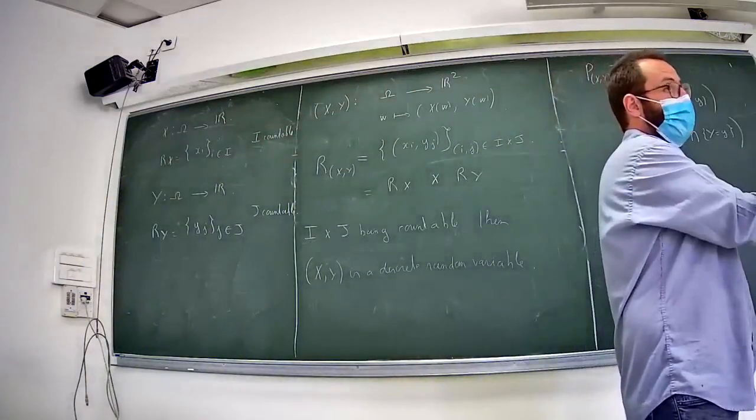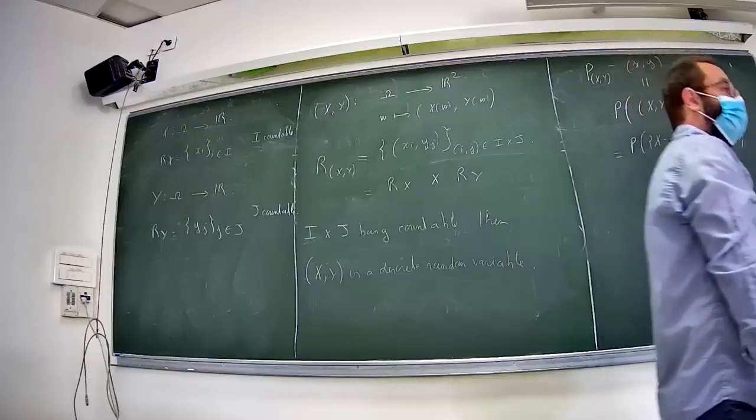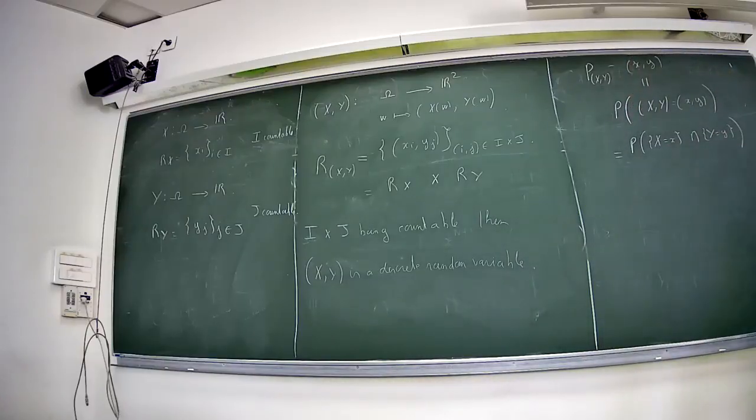So I can say the following. In order to prove that two discrete random variables are independent, it is sufficient to prove that, I will use the words of the definition, the joint distribution is equal to the product of the distribution of each component.